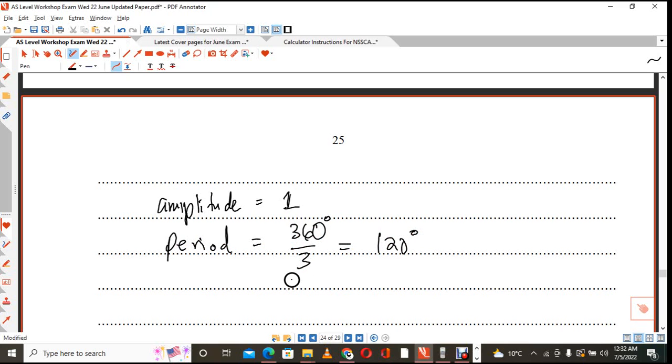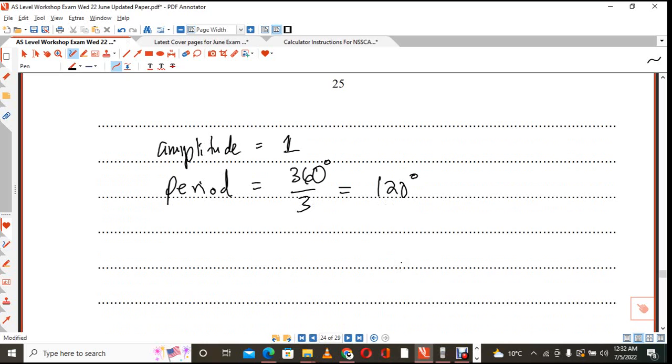Good. Then one of the things you should also know is the maximum. And I'm going to write that down here. The maximum is calculated by taking your A plus your C, and the minimum is calculated by saying minus A plus C. Okay.